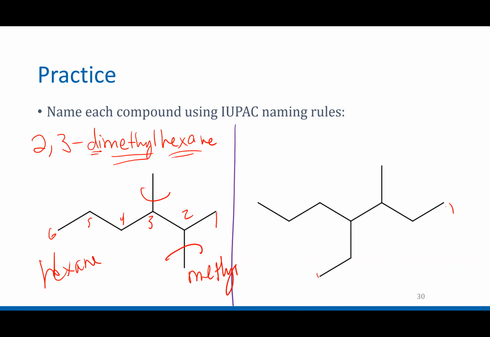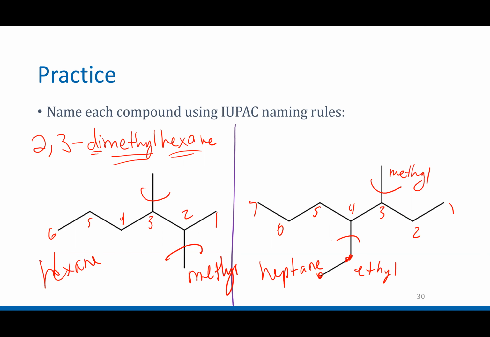So 1, 2, 3, 4, 5, 6, 7. Let's try these. On the third, I have a methyl. On the fourth, I have an ethyl. Okay, methyl, ethyl. And this is 7, so that's heptane.